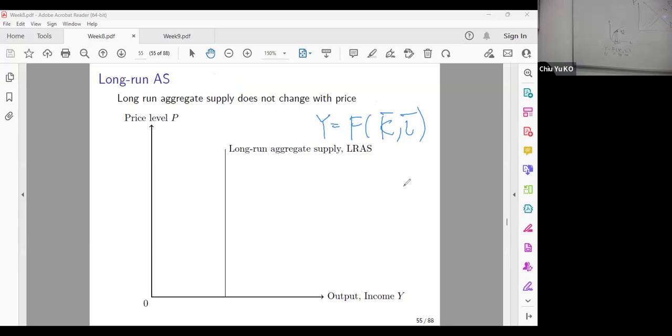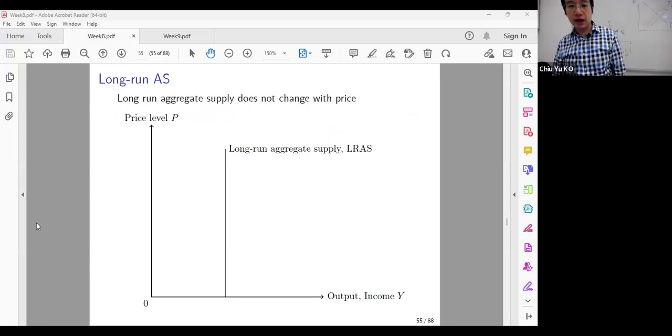So it's vertical, it does not change according to the price level. Of course, if your technology goes up, it goes to the right-hand side. If you have more babies, it goes to the right-hand side. If you have more capital, it goes to the right-hand side. Okay? But if those things don't happen, it's vertical. So this is AS.